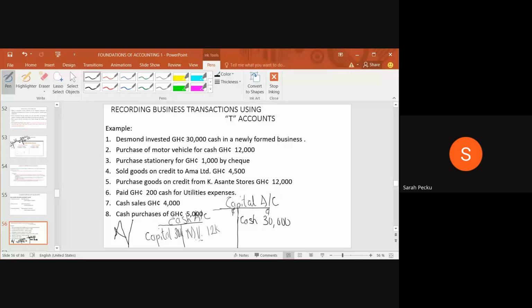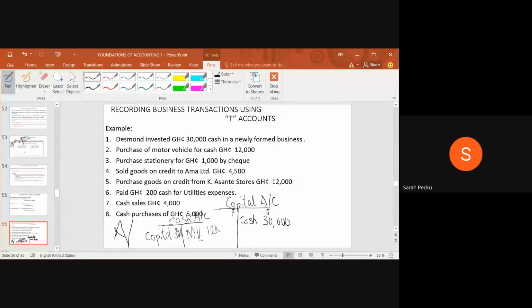No. So what is that? Madam, please, can it still fall under Ama's accounts, like the accounts receivable and then the sales, or maybe the purchase side? How is it falling under Ama? Because the goods that he bought is on credit. Because they are all goods.